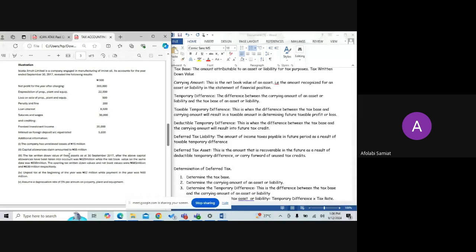The opening tax written down value and the net book value were 665 million and 630 million respectively. Unpaid tax at the beginning of the year was 52 million, while payment in the year was 50 million. Assume a depreciation rate of 5% on property, plant, and equipment.